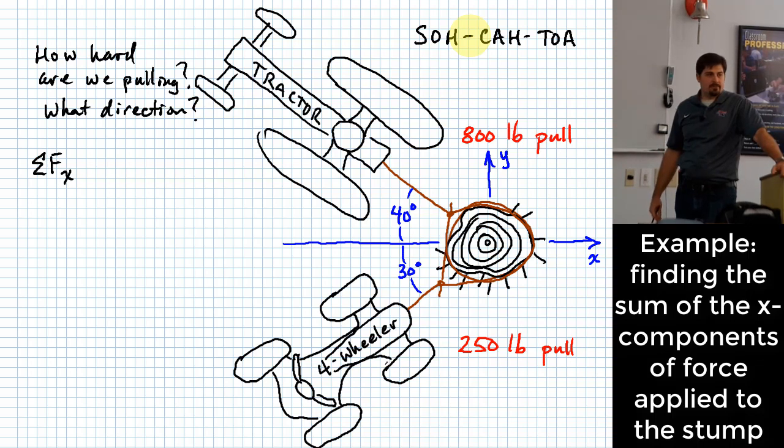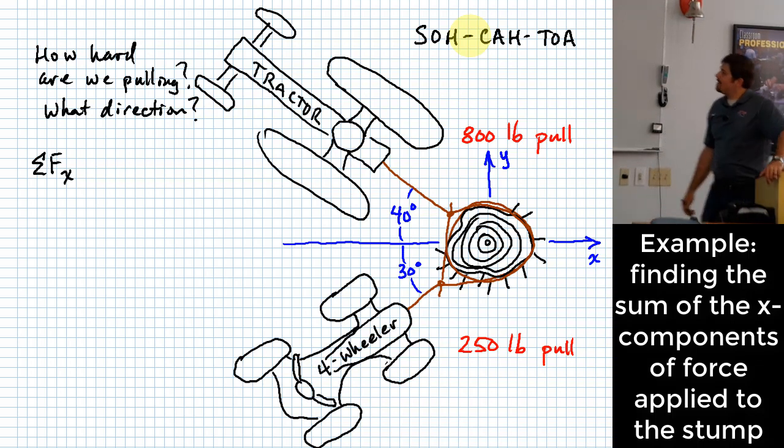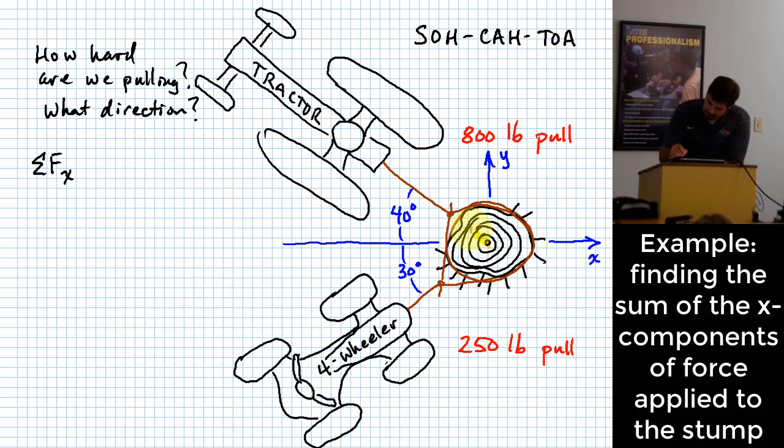Why the cosine? You think about it, you're basically making a triangle. There's a triangle here to be made, where there is a force pulling in this direction. What you're trying to do is figure out how long this leg of that triangle is.